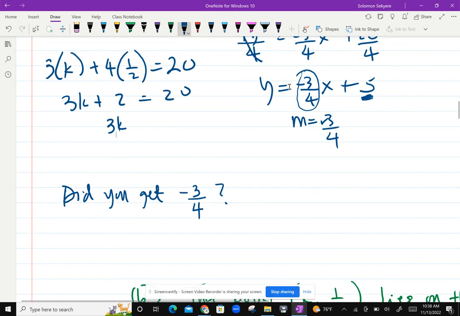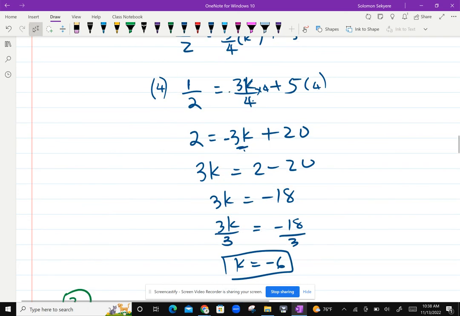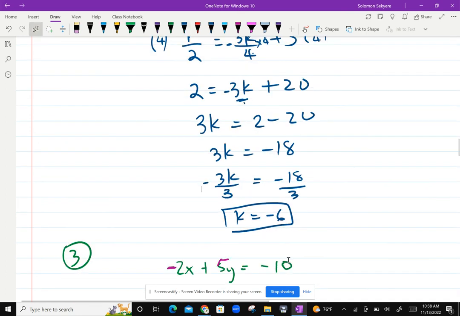Oh, sorry, I made a mistake here. This was negative. It was negative 3k. So we divide both sides by negative 3, and k is positive 6.